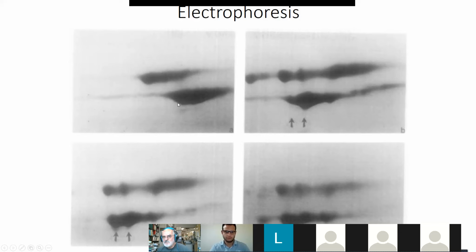Okay, the reason that there's a smear is often because the carboxy tail has various post-translational modifications. They're usually polyglutamylated. So there might be 1, 2, 3, 4, 5, 6, 7 glutamates, which adds charge, obviously. So the smearing is partially isotypes and partially post-translational modifications.